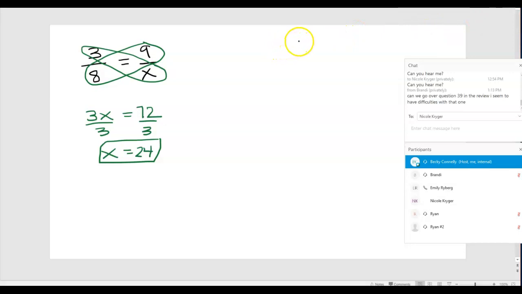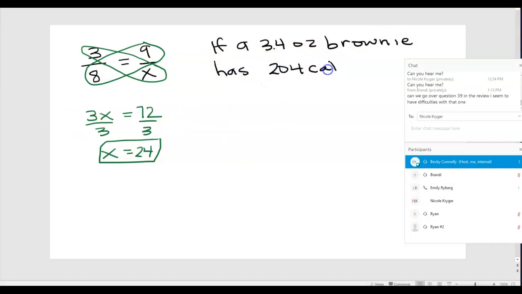So if a 3.4 ounce brownie, I'll write this down so it might take me a minute, has 204 calories. How many calories are in a 9 ounce brownie?